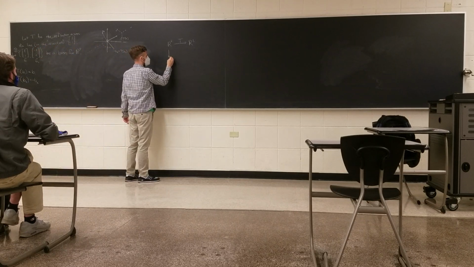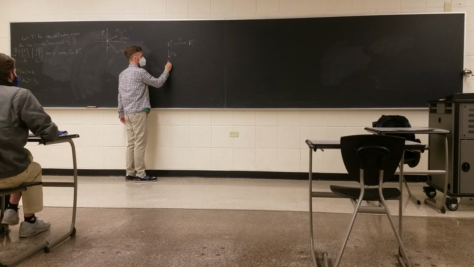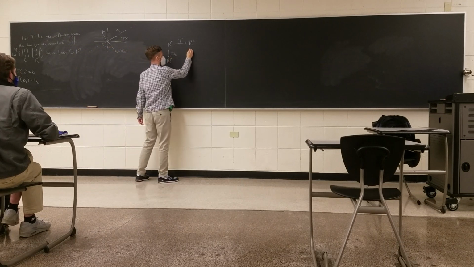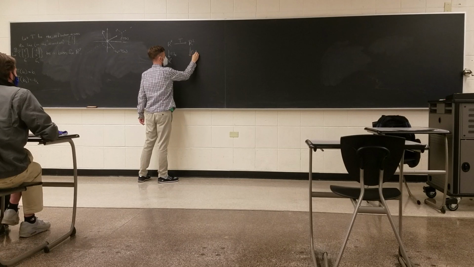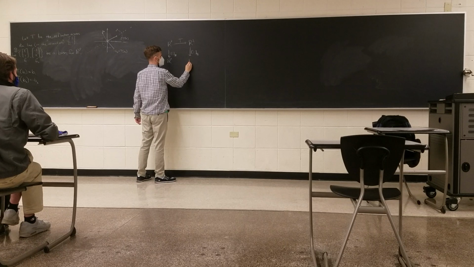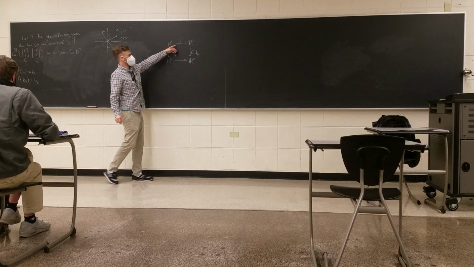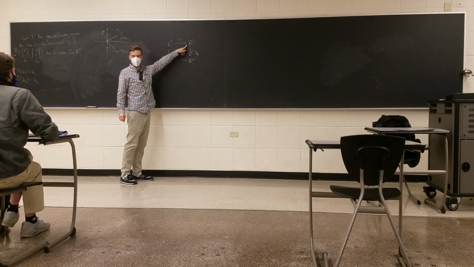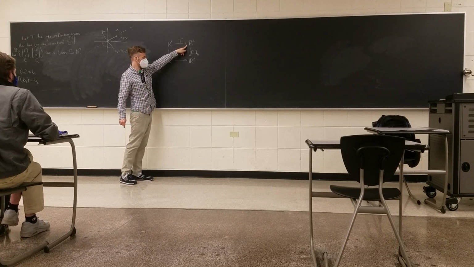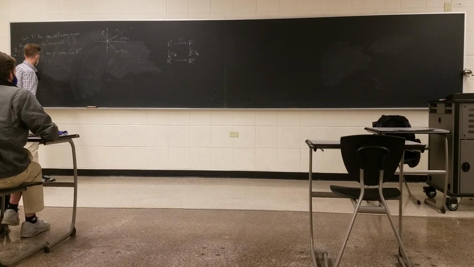If we look at an element with respect to the basis B, then we can think of each of these things as being in R2 with respect to the basis B. And so we can think of this linear transformation not in our original R2s that we're writing with respect to the standard basis, but with R2s that we're writing with respect to the B basis.